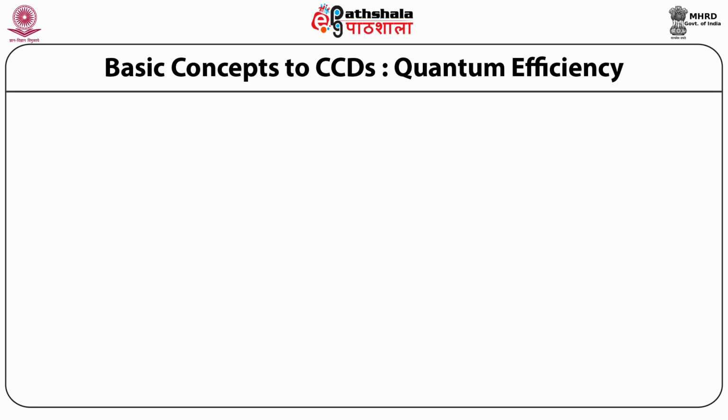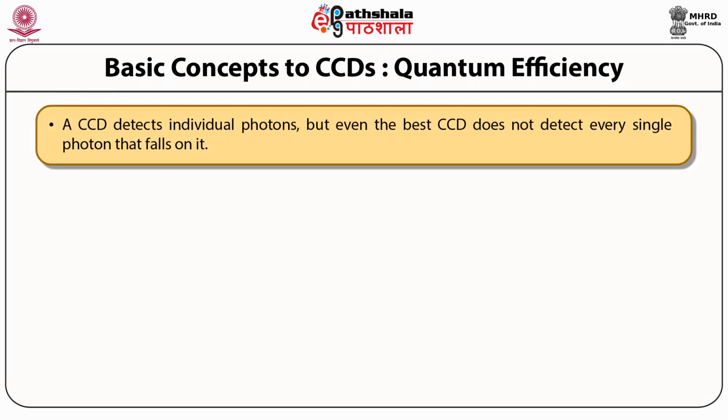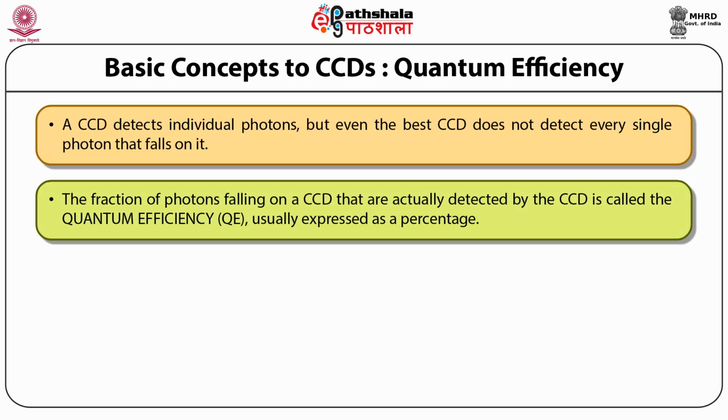For that, we talk about the quantum efficiency. A CCD detects individual photons, but even the best CCD does not detect every single photon that falls on it. The fraction of photons falling on a CCD that are actually detected by the CCD is called the quantum efficiency, usually expressed as a percentage.